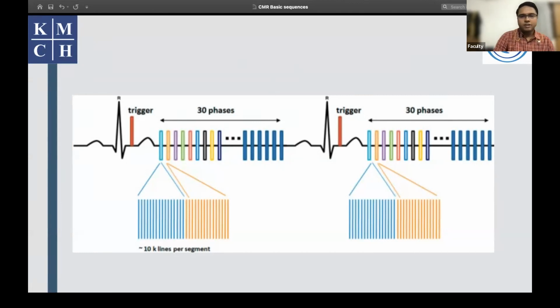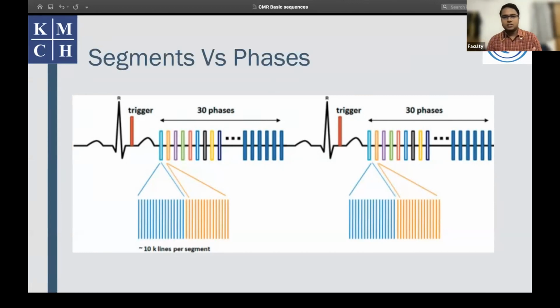Before we go any further, I'll just tell you about the main differences between segments and phases. There are some systems which give an option for changing the segments for cine acquisition, and some systems don't give the option to change the segments, but give an option to change the number of phases.